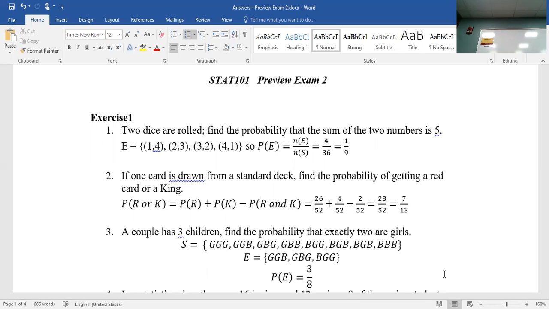If they are cards, you can have 1 and 4 and you can count it twice. Do we understand here? Because the cards are folded, you can pick 2. So we have 1-4, 2-3, 3-2, 4-1. How many outcomes with a sum of 5? 4 outcomes. So the probability is 4/36.